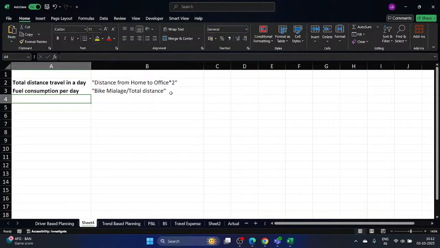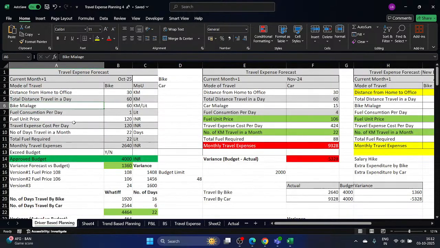When it is divided, the resultant figure is the fuel consumption. Then the fuel unit price here would be 120 INR. 120 rupees is the price of 1 unit of fuel.